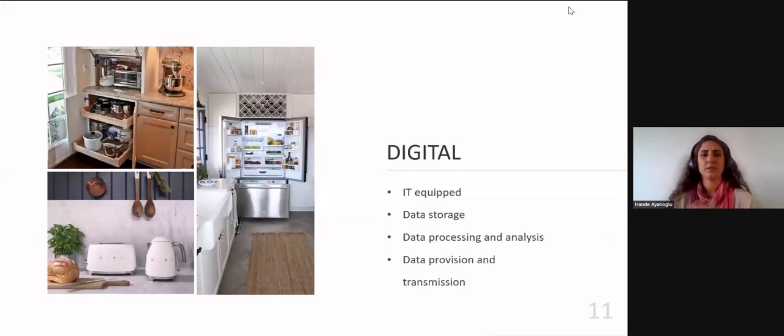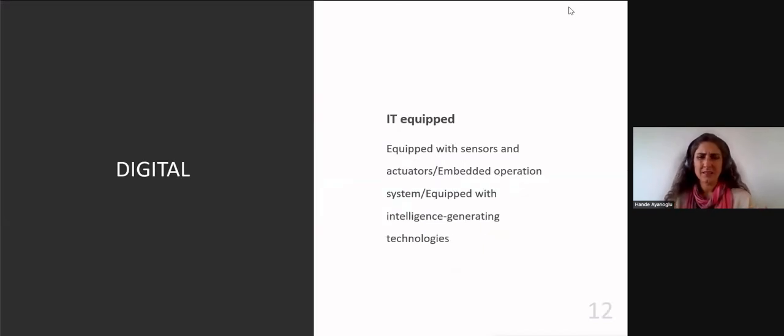So what's a digital product? What they say is it's equipped with IT. It can store data, process data, analyze data, and provision and transmit data. I want to detail this a bit more, because we can try to understand what we mean by interaction design if we understand what a digital product is.